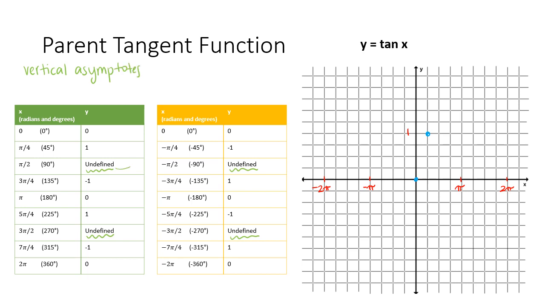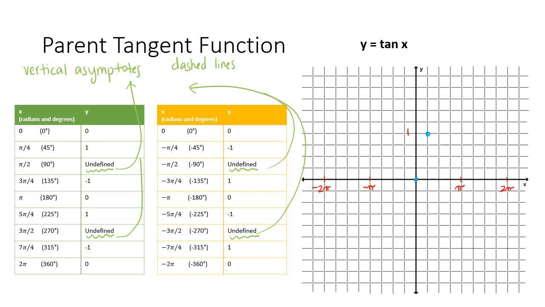Right at pi over 2, we'll have a vertical asymptote. Right at 3 pi over 2, negative pi over 2, and negative 3 pi over 2. Those are all going to be vertical asymptotes. So remember, when we graph those, they will be made with dotted or dashed lines. And our function is going to approach those lines. It's going to get closer and closer to them.